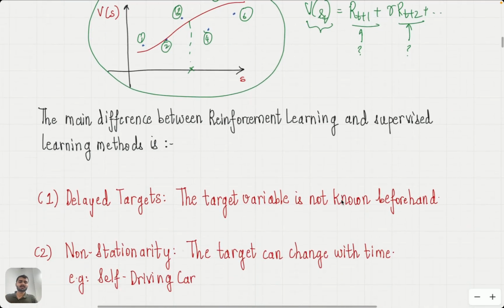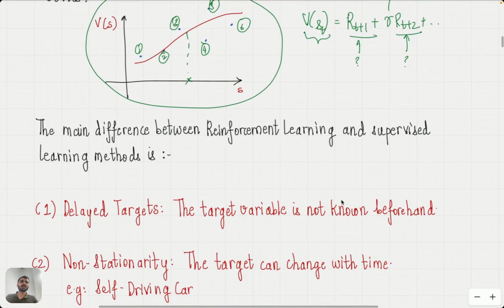And the second problem is that the target can change with time. For example, if a self-driving car is moving on a road, in some cases the traffic might be completely clear, whereas in some cases the car might encounter heavy traffic. In which case, whatever the car sees is changing in every episode.